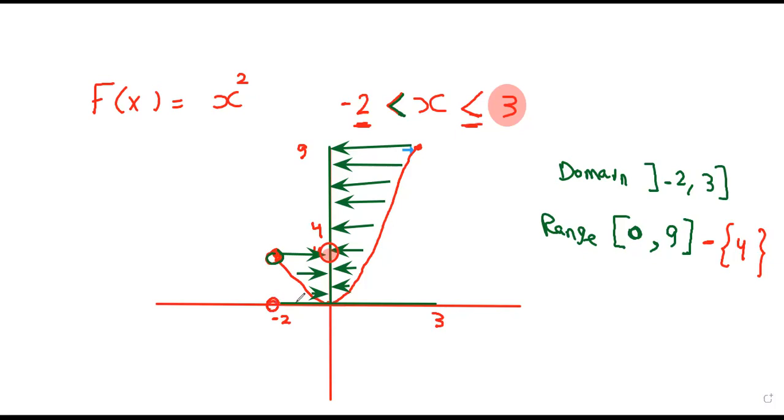Again, simply, we don't have -2 in the domain, and 4 on y is opposite to -2, so we don't have 4 in the range. So the range starts from 0 to 9 except 4.